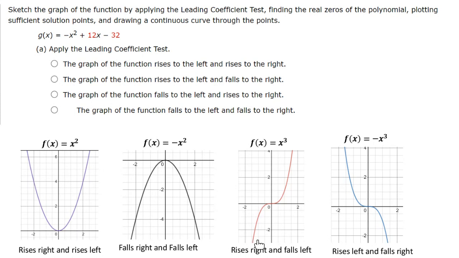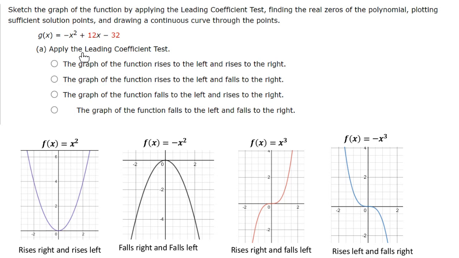As I read my graph from left to right, I'm constantly going up, okay? Inversely, for the function negative x cubed, if my leading coefficient is a negative number, the graph is going to fall on the right and rise from the left. But again, I like to think of it, if I'm reading the graph from left to right, it's always going down, right? So these are my rules.